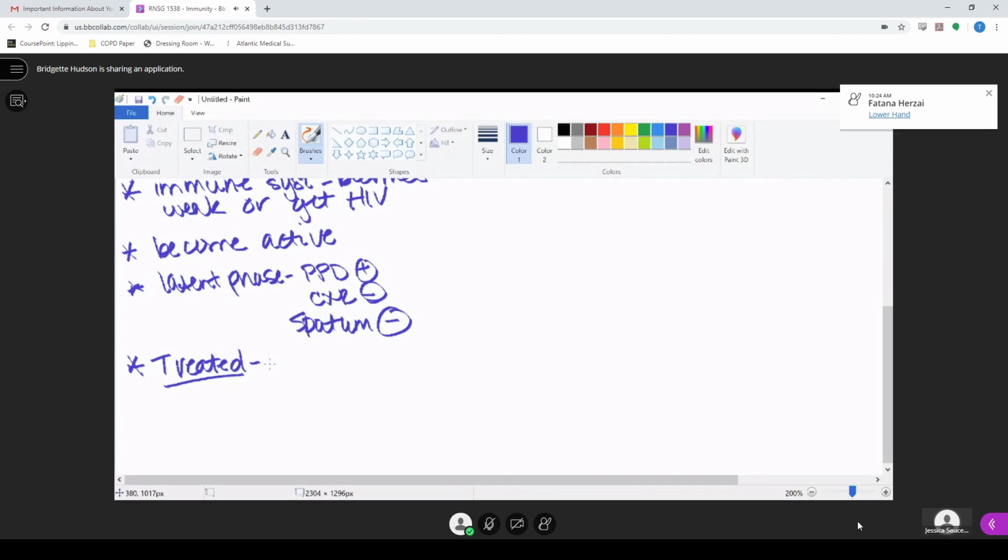I think what she was referring to is the med isoniazid, the INH, that is a chemo med. I guess that's why you're saying that. Yeah. Okay. When I'm thinking chemo, I'm thinking of those alkylating agents. But INH, yes.